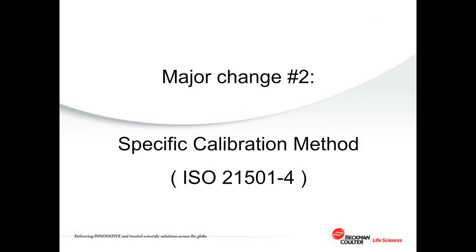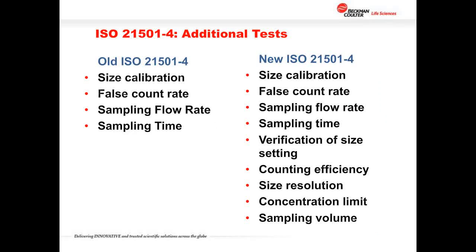The second thing that's important is the change to the calibration method. There always was a specification that said the instrument used to execute the classification needed to have a current calibration, but how that calibration was performed was not necessarily defined. In the revision, a specific method, ISO 21501-4, was specified, and this has certain positive effects. First off, in the previous methods, 4 different typical things were checked.